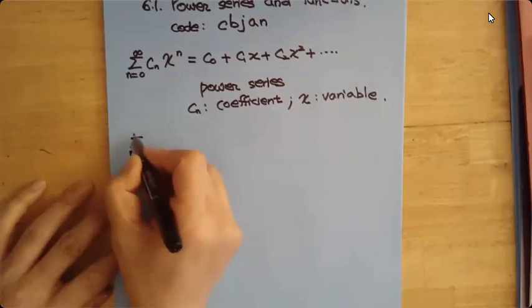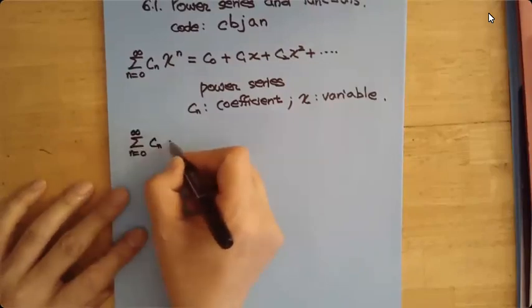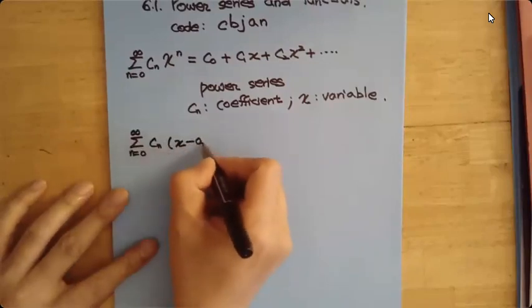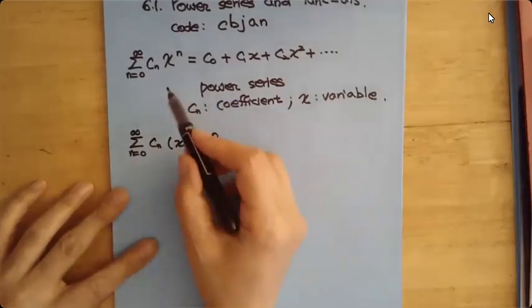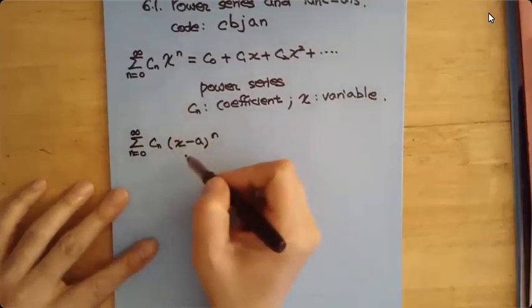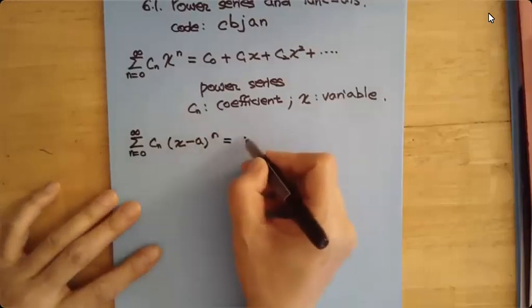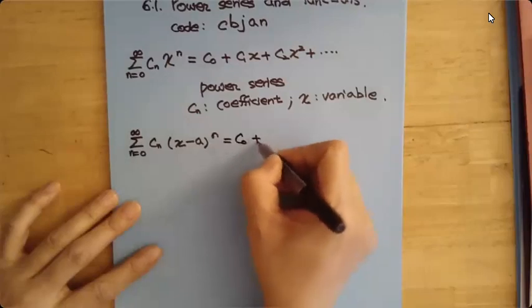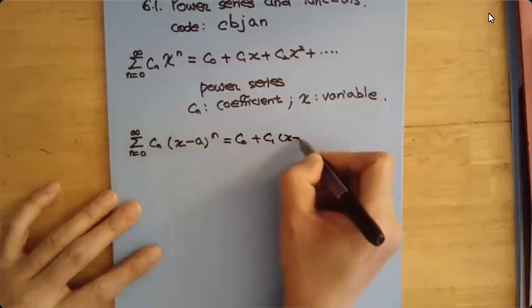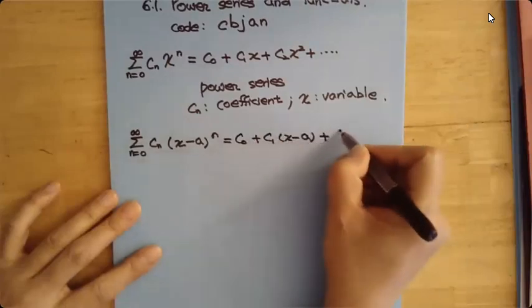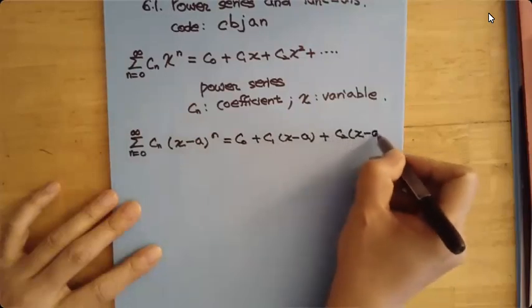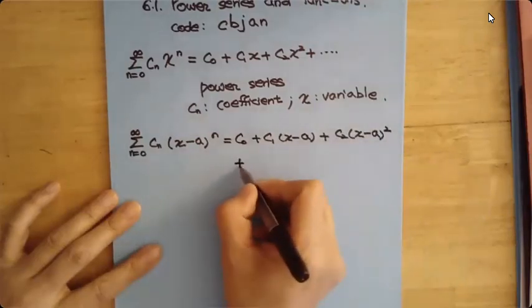Summation n equals 1 to infinity, C_n times (x minus a) to the n power. Instead of x, we can use (x minus a) to the n power. And then we can rewrite that as C_0 plus C_1 times (x minus a) plus C_2 times (x minus a) squared plus and so on.